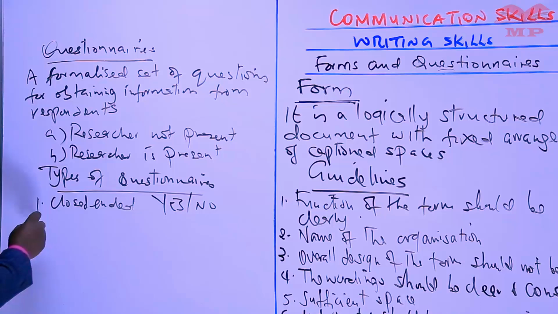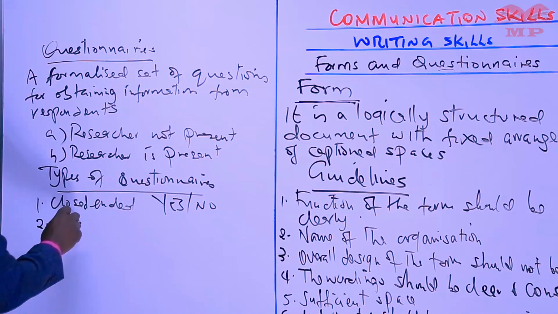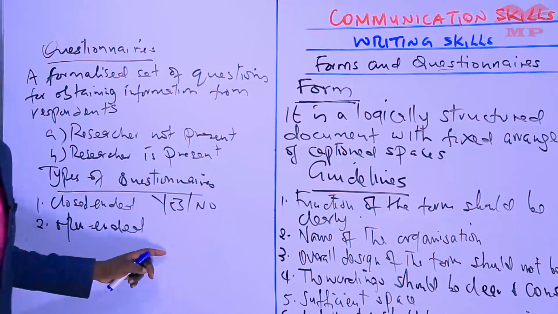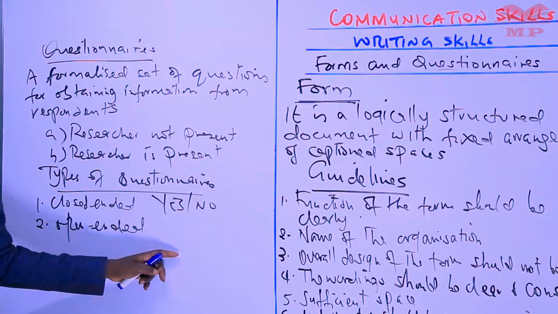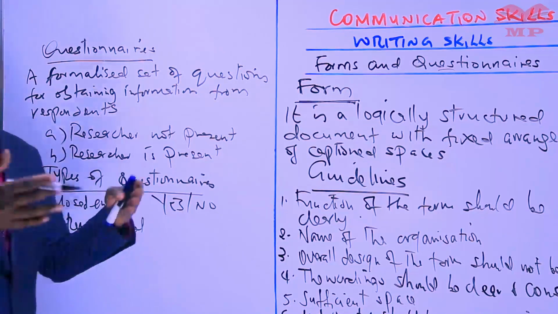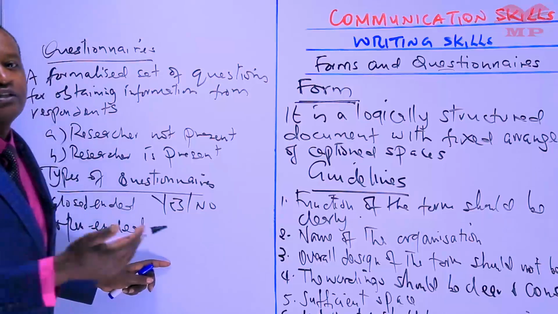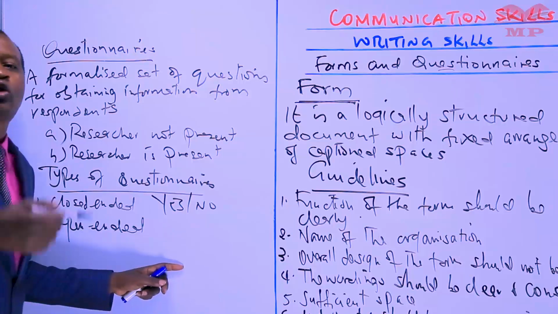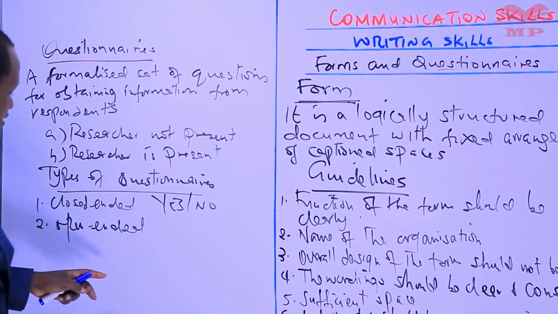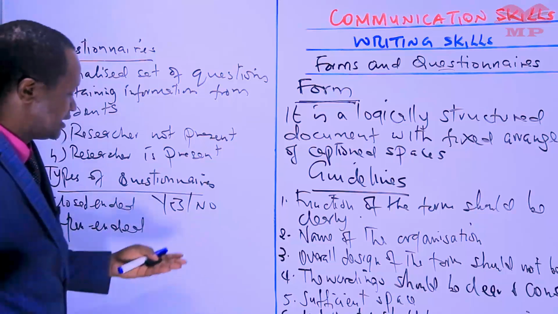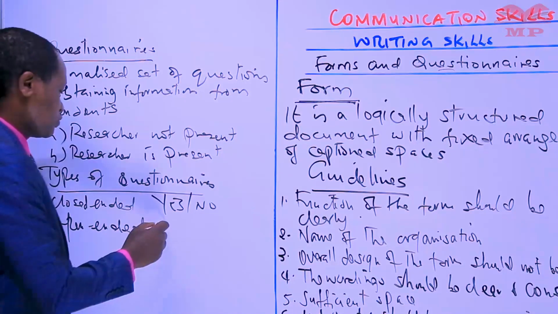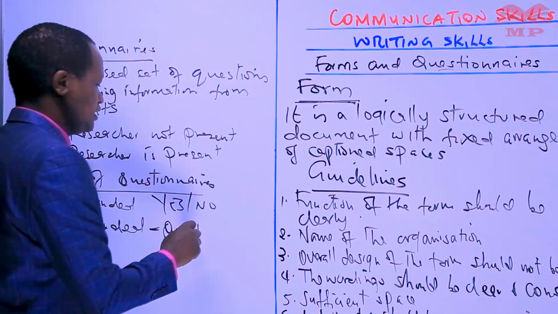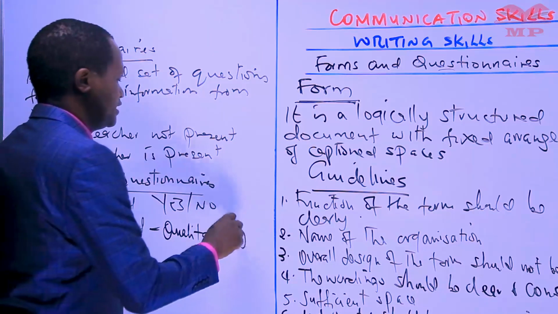Then we have open-ended questions, or open questions. This is where the researcher does not provide the respondent with a set of answers to choose from. Rather, the respondent is asked to answer in their own words, and what is obtained is what we call qualitative data.